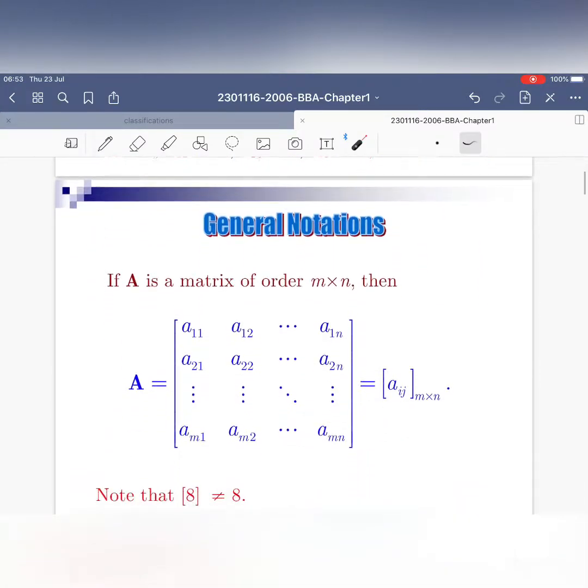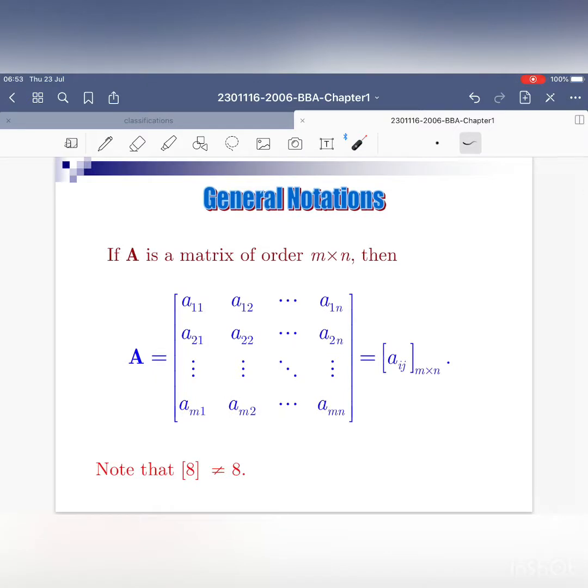In general, we have the first row, the second row, up to the mth row. The row is the first subscript, so you have m rows. Here we have the first column, the second column, up to the nth column, which is determined by the second subscript.